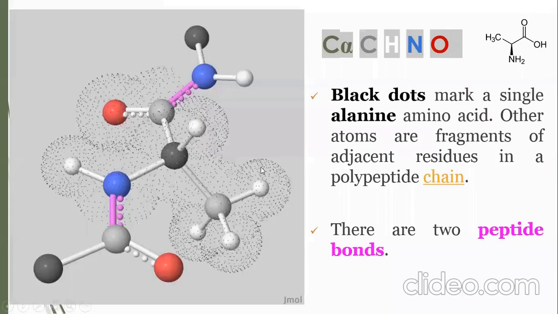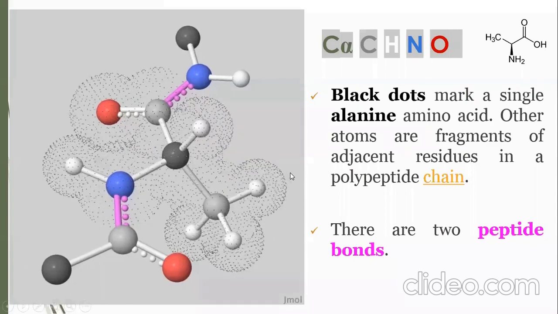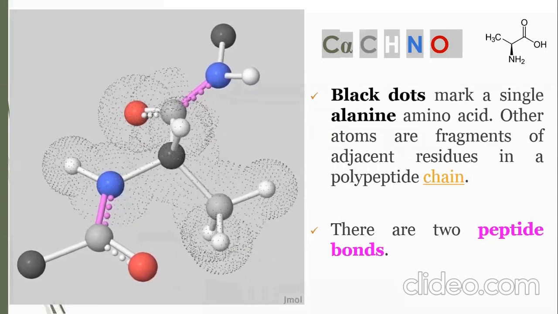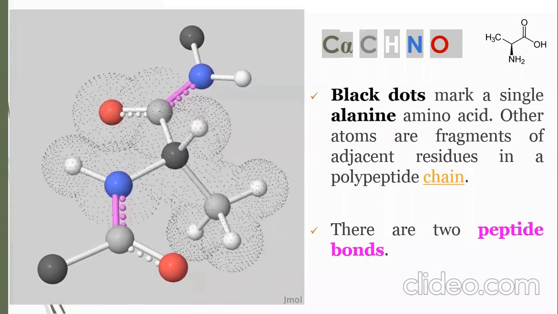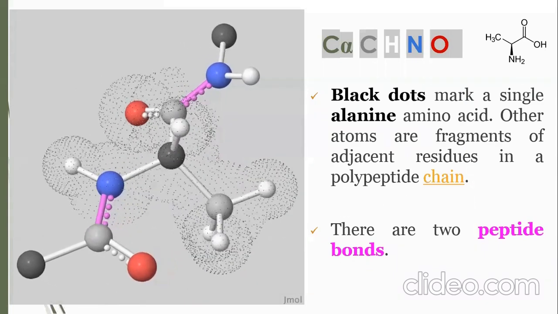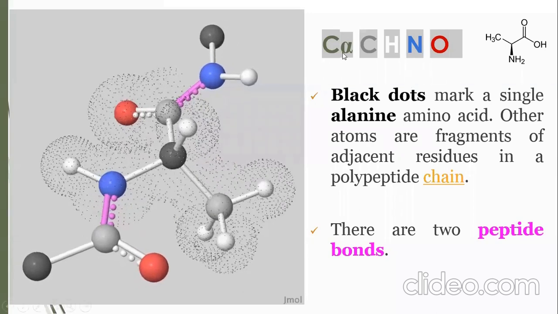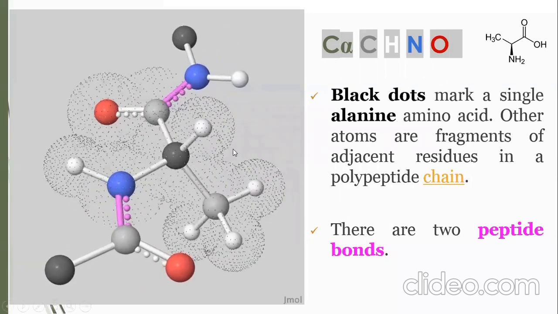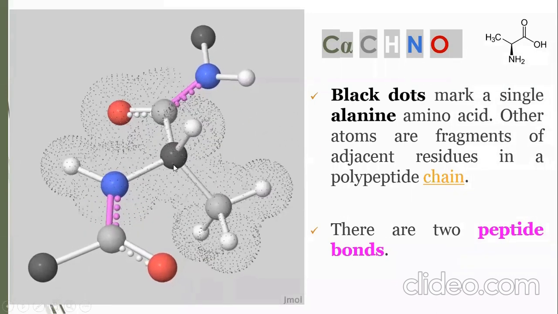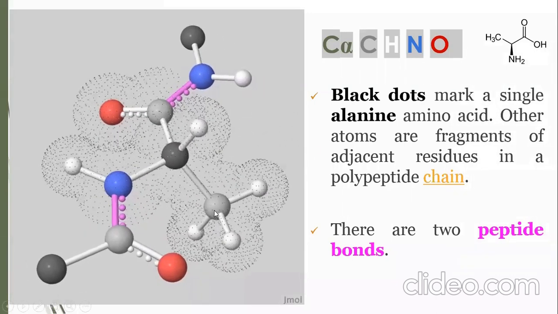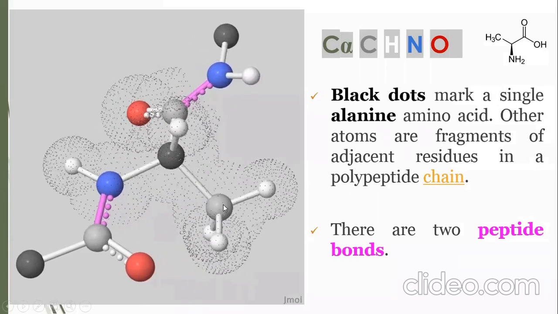If you can see this diagram and this animation moving, you can observe the alpha carbon here, and this is the carbonyl carbon.